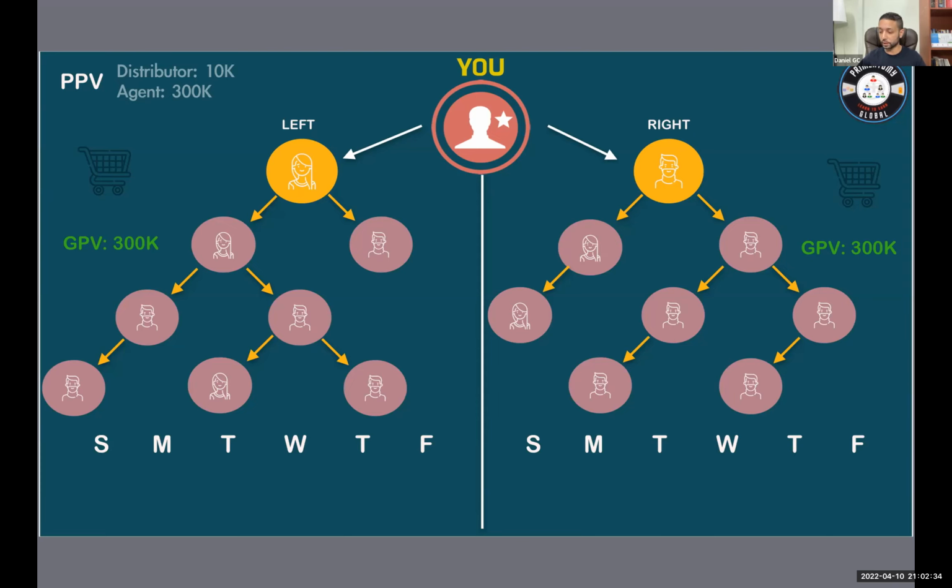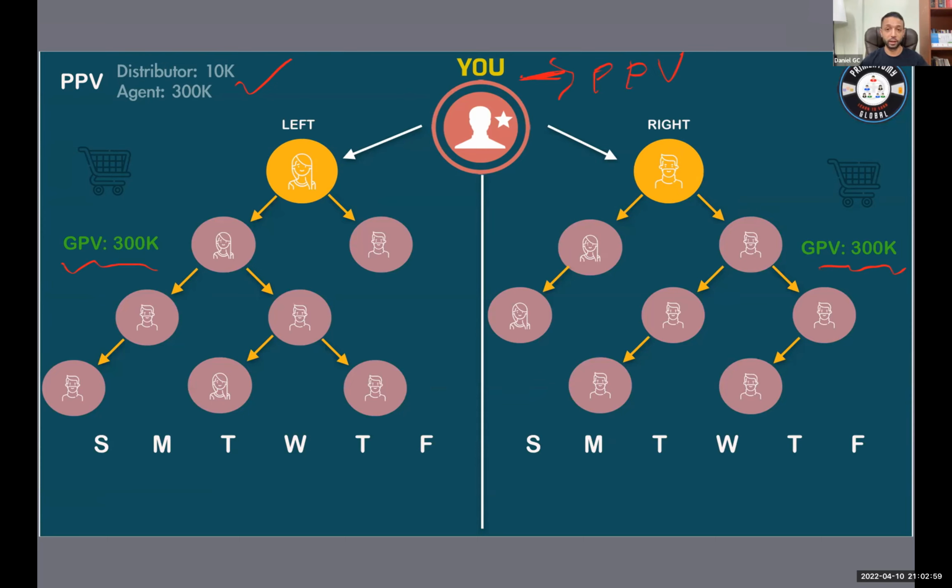Once you have your own 10,000 points, then you will have to start thinking about your left group PV and your right group PV. So you have your own 10,000 points, your PPV, which means, let's say you buy a toothbrush set, maybe a shampoo, you reach 10,000.